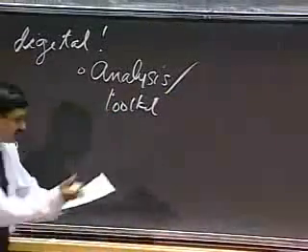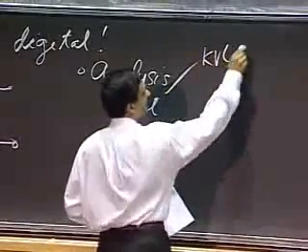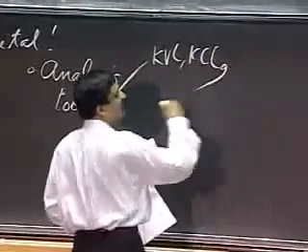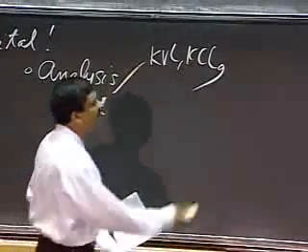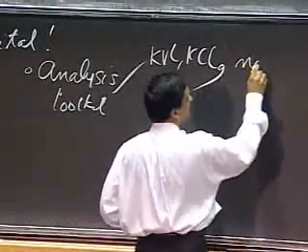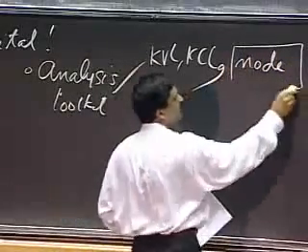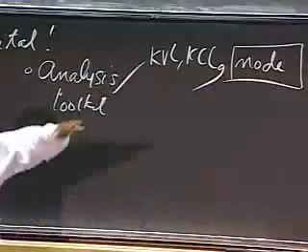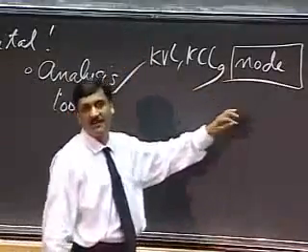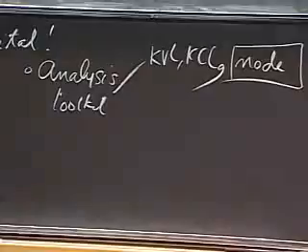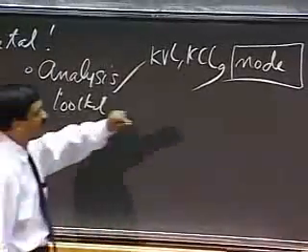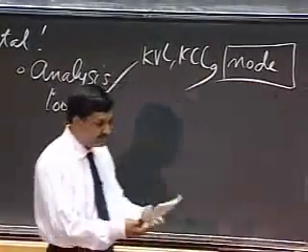So a set of methods. We looked at the KVL, KCL method. Another example of a method we looked at was the node method. And of this category, there's one method you should remember, which you can apply to every single circuit and it will simply work, and that is the node method. Okay?